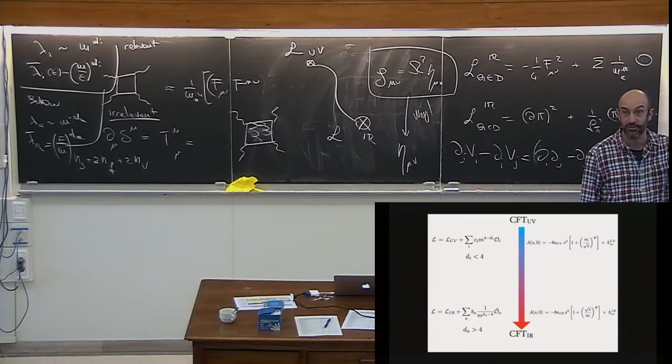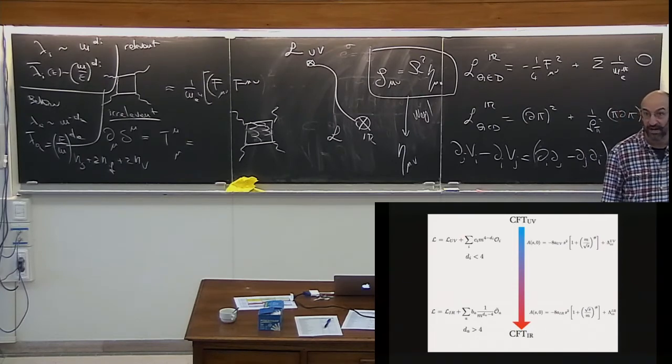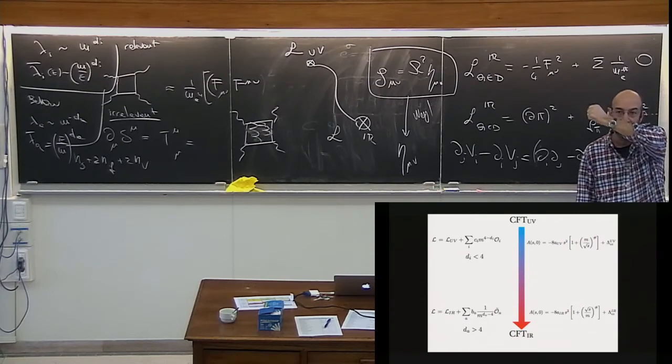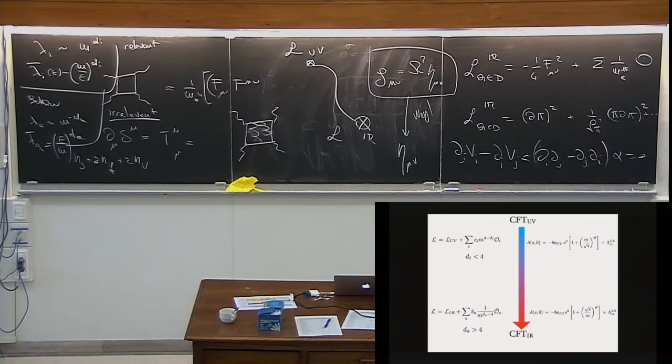M is my deformation. This deformation is relevant, so it becomes less important in the UV. So all its effect, just by dimensional analysis, will scale like inverse powers of S. In the very far UV, you can neglect them. And there's going to be some UV c.c.